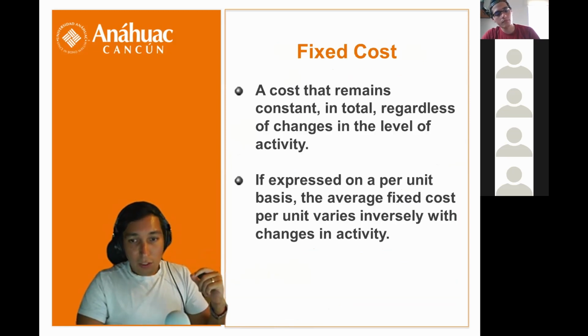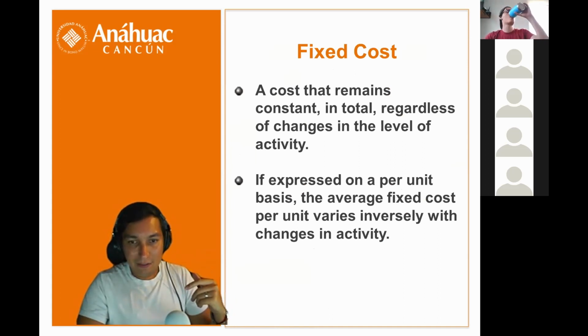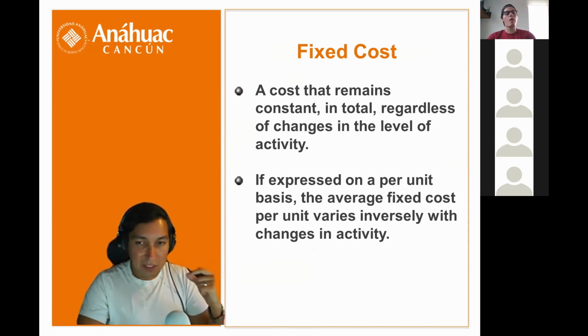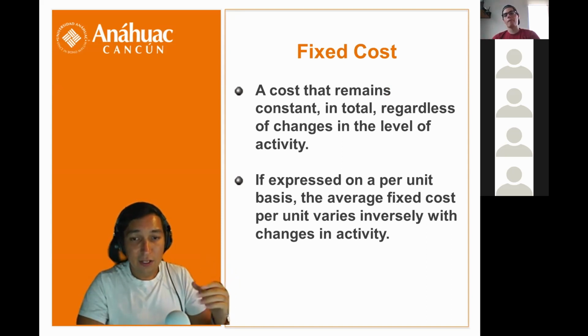So moving on to the fixed cost, a fixed cost is one that remains constant in total, regardless of changes in the level of activity. If expressed on a per unit basis, the average fixed cost per unit varies inversely with changes in activity.